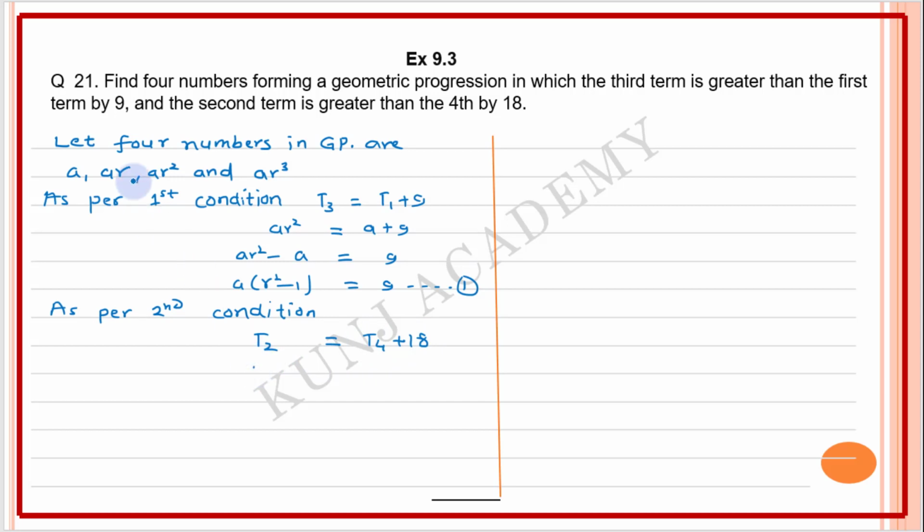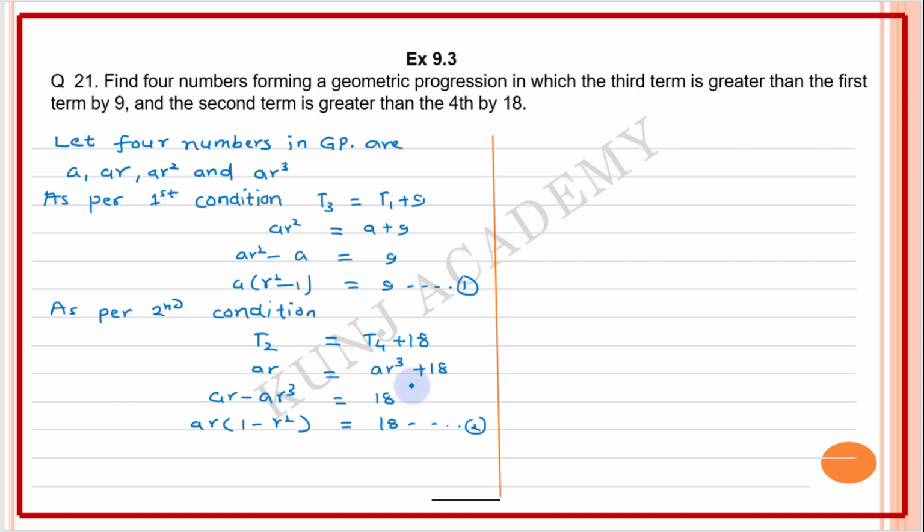T2 is ar, T4 is ar cube. Taking this term to the left hand side, ar minus ar cube is equal to 18. Taking ar common, ar(1 minus r square) is equal to 18. Number 2.